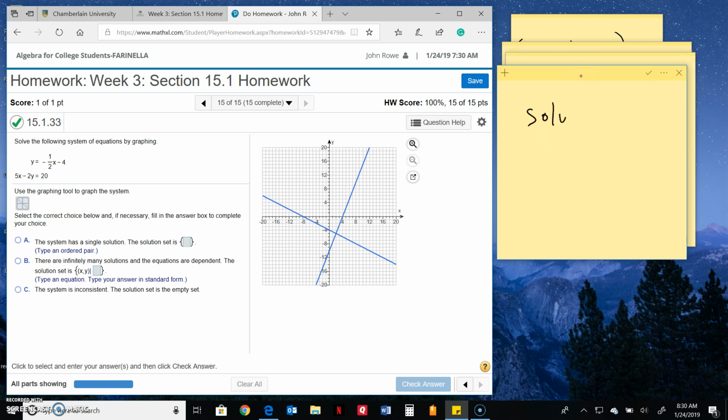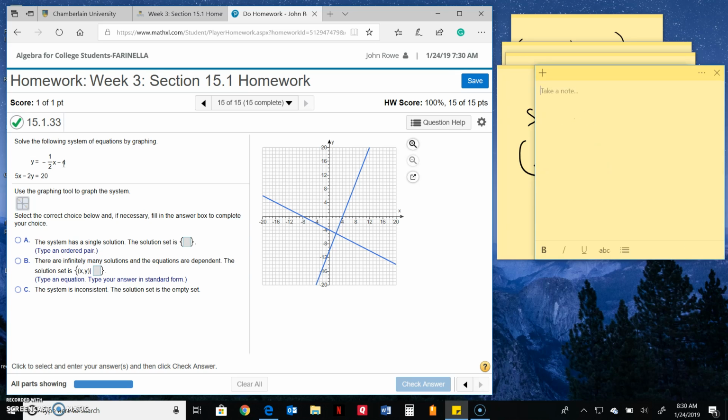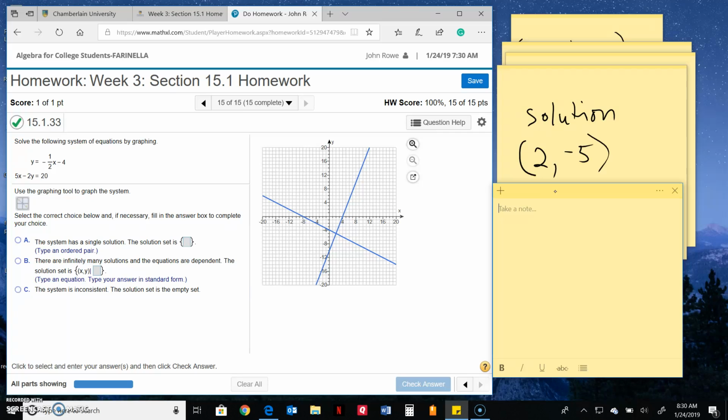So the solution should be 2 comma negative 5. If we take those x and y and plug them into our original equation over here, let's substitute the y for negative 5.